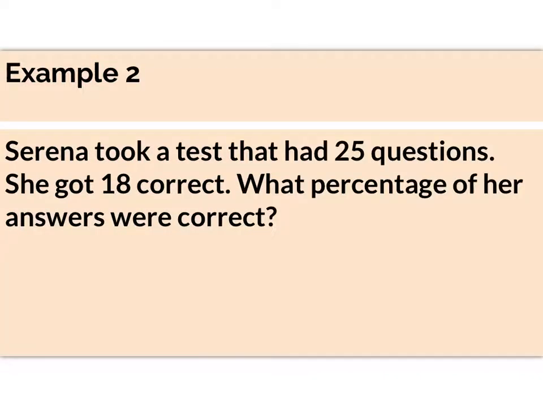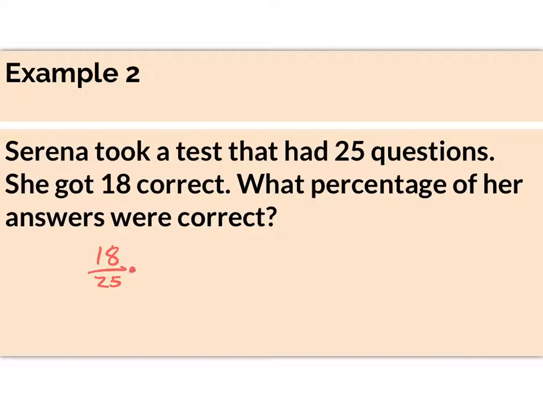Okay, let's look at it. Serena took a test that had 25 questions, which is our total. She got 18 correct. What percent of her answers were correct? Well, you need the part out of the whole. And that's all a fraction is, a part out of a whole. So now that we have 18/25ths, how do we make this a percentage?